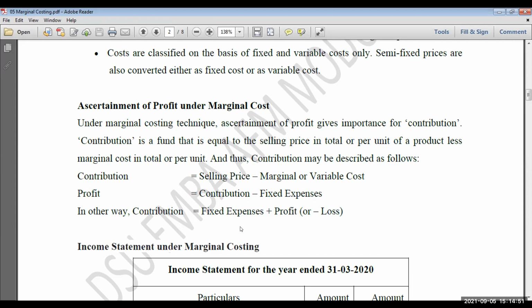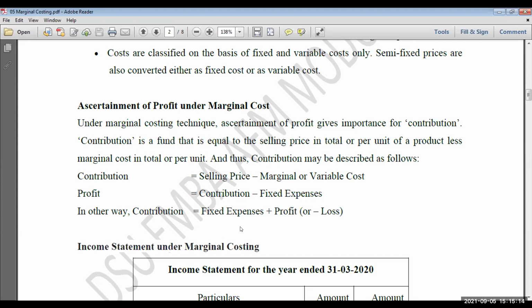If profit or loss is not equal to 0, then there won't be any break-even point. There will be profit or loss. My question is, profit or loss is equal to dash at break-even point. 0.